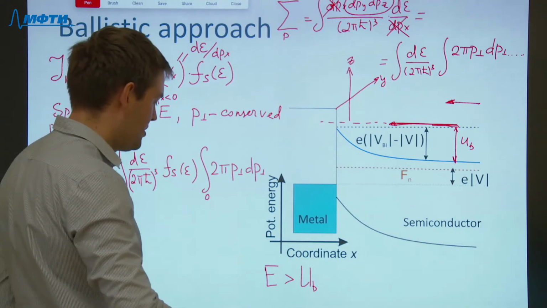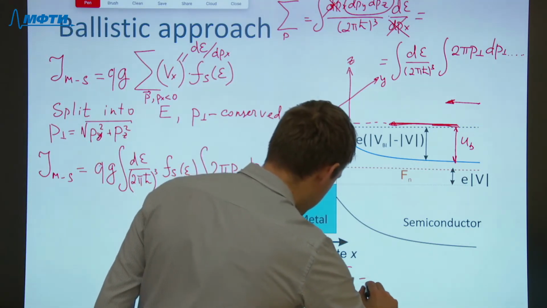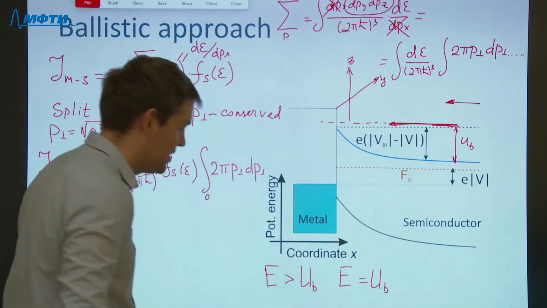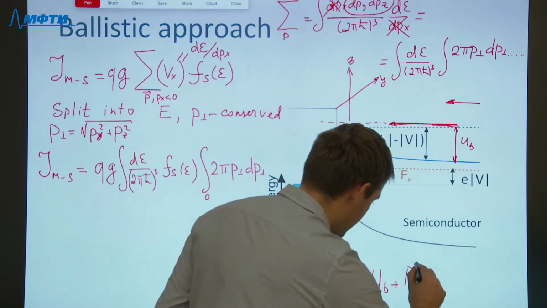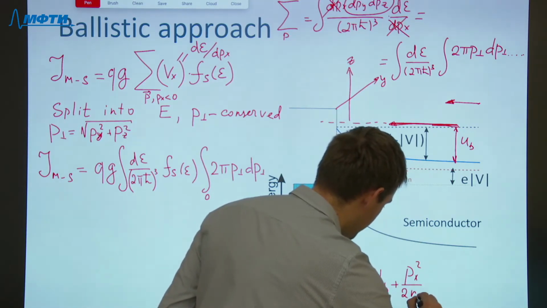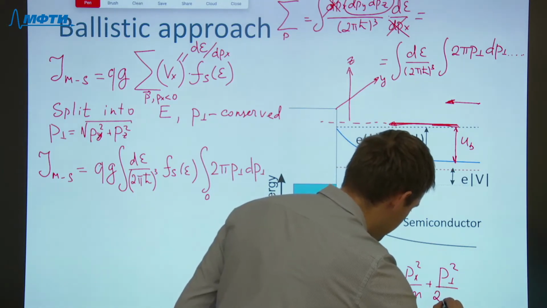On the other hand, we can write the energy, which has a kinetic component and a potential component, as barrier height plus px squared divided by 2m plus p transverse squared divided by 2m.